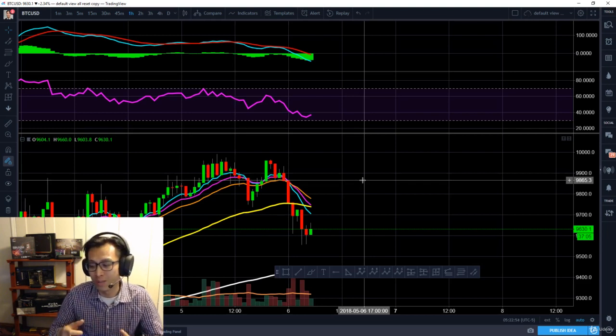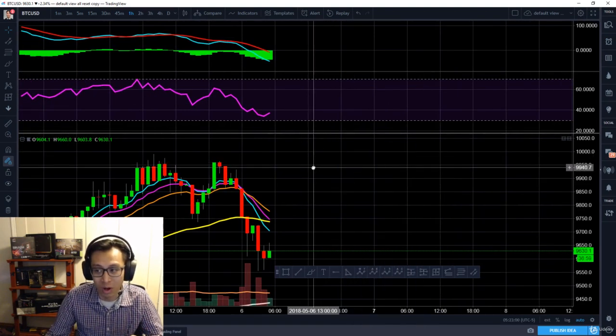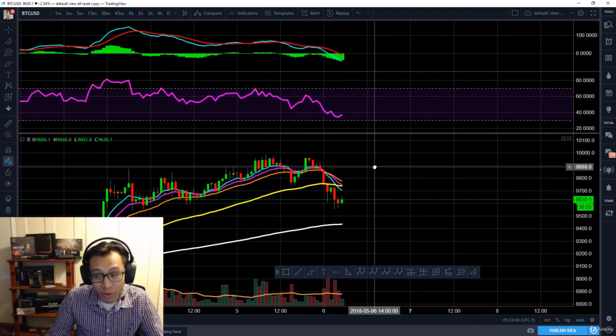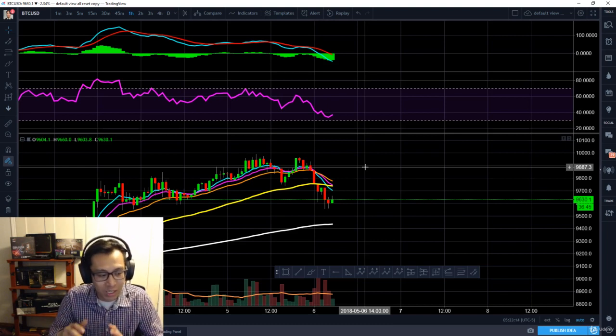Whereas some other ones, like the relative strength index and the histogram, which is one of my favorites of all time, tell us really well when it's starting to level off. The histogram and the RSI are really good representations of real-time indicators that give us a real-time gauge of what is happening in the market.